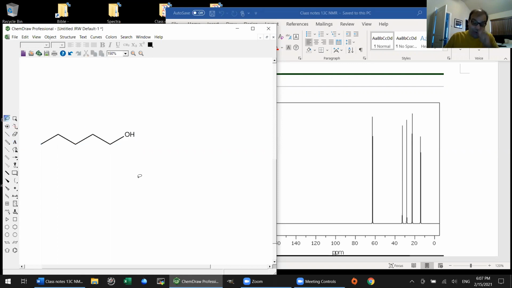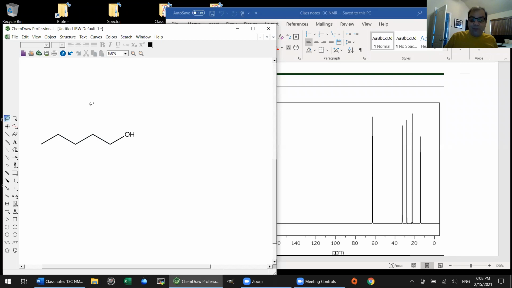And I think you'll agree, using the step-by-step method that's in your class notes, I think you can convince yourself that all 5 of those carbons are different. The methyl group certainly is unique. And then you have 4 CH2s, but they're all chemically different. This CH2 is attached directly to the OH. This one is not. It's 1 carbon further out. That one 1 carbon further out still.